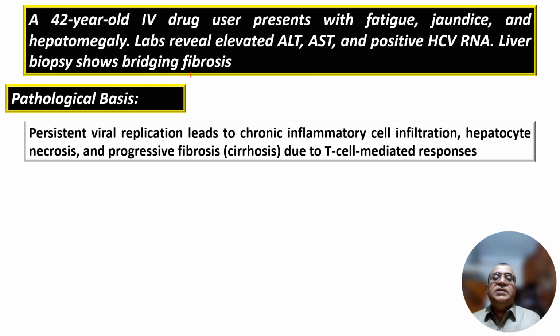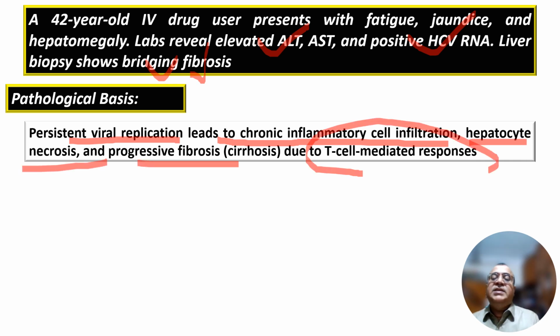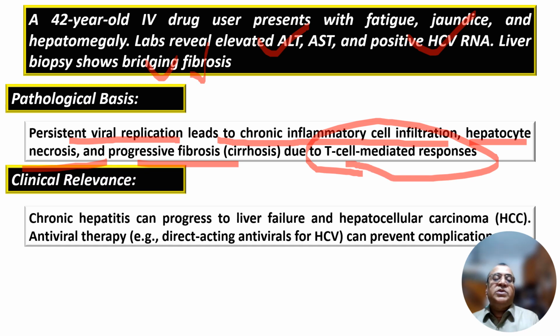So this persistent viral replication is the cause of chronic inflammatory cell infiltration, hepatocyte necrosis and progressive fibrosis, and this is a T cell mediated response as happens in viral conditions.